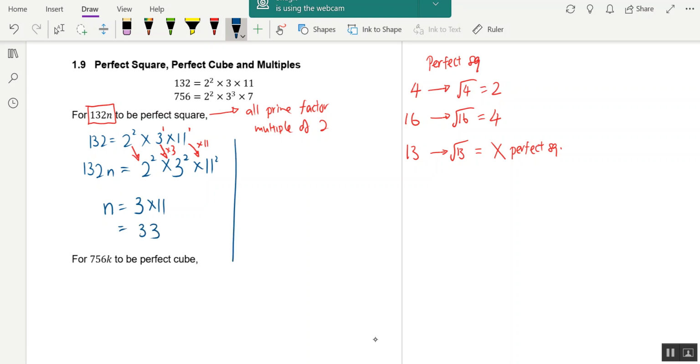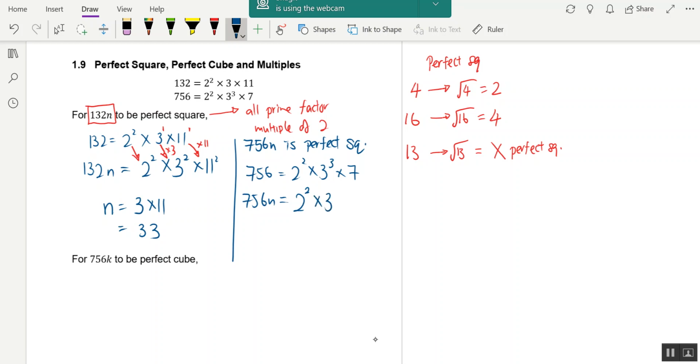Let's do the same question. 756n is a perfect square. So 756 is equal to 2 to the power of 2 times 3 cubed times 7. Which means that for 756n to be a perfect square, the power of 2 remains as 2 because it is already a multiple of 2.